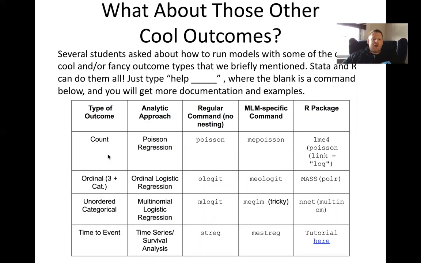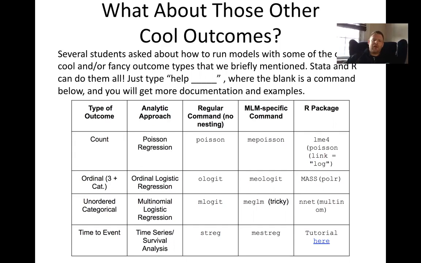Count outcomes are very useful. A count outcome is bounded at 0. You can't have a negative count, and it follows what's called a Poisson distribution usually, or a negative binomial distribution. So that would be like a count of the number of times something happened. It can be very useful in measuring administrative data, the number of times a particular citation or report was used, and so on.